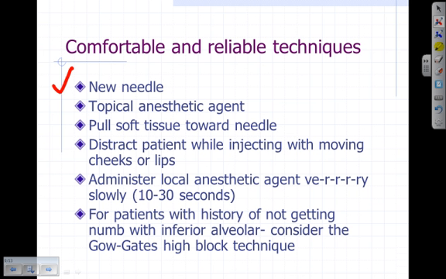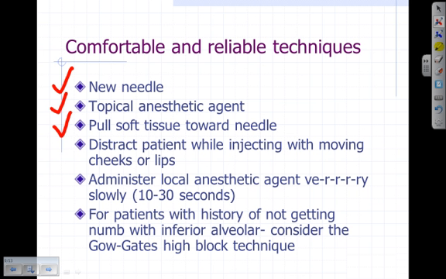Use topical anesthetic on the area that you'll be administering the anesthesia, and let it sit there long enough, not 5-10 seconds, but rather 45 to 60 seconds for the topical anesthetic to work. Pull the soft tissue towards the needle as you're injecting, so that the needle is actually penetrating the soft tissue, and you're not pushing on the tissue, but you're penetrating it.